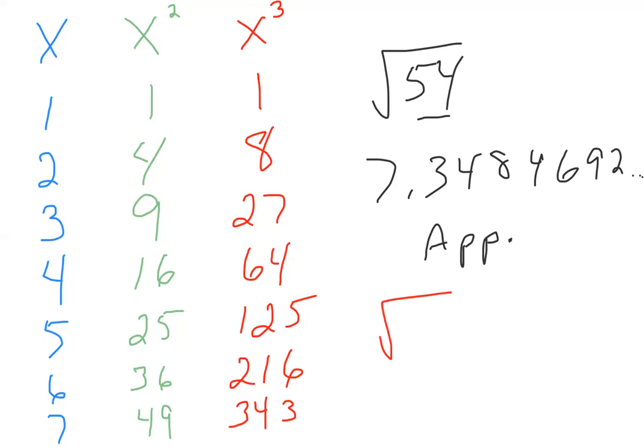Well, I can rewrite 54 as 2 times 27, but is 27 on the perfect square list? No. But I can also write it as 9 times 6. Because of that, I can square root the 9. The square root of 9 is what? 3.